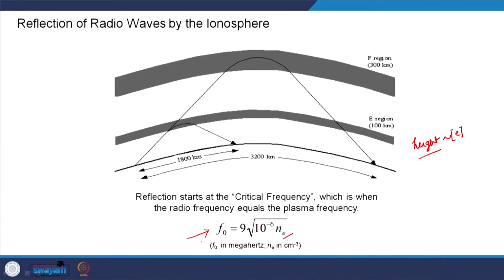So, always remember this formula: the plasma frequency is given by 9 times the square root of 10 to the power of minus 6 Ne, and this frequency is given in megahertz. Okay, this is the important thing. Depending on the type of communication you want to achieve, you will take a suitable frequency, and this frequency will have a characteristic height at which it will get reflected from the ionosphere.